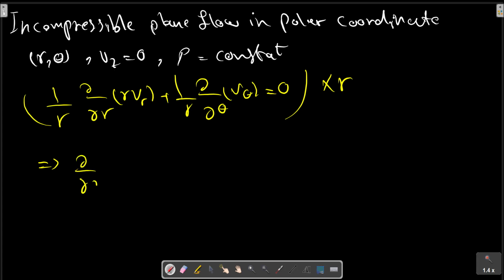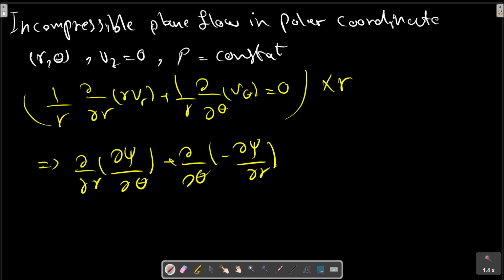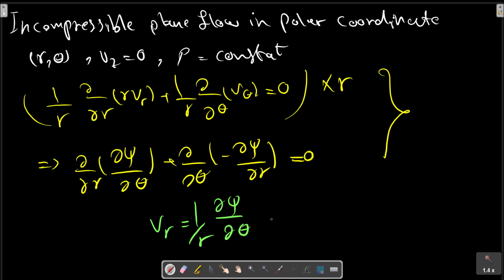By comparison of these two relations, we produce the form of the incompressible polar coordinate stream function as Vr equals, and V theta equals.